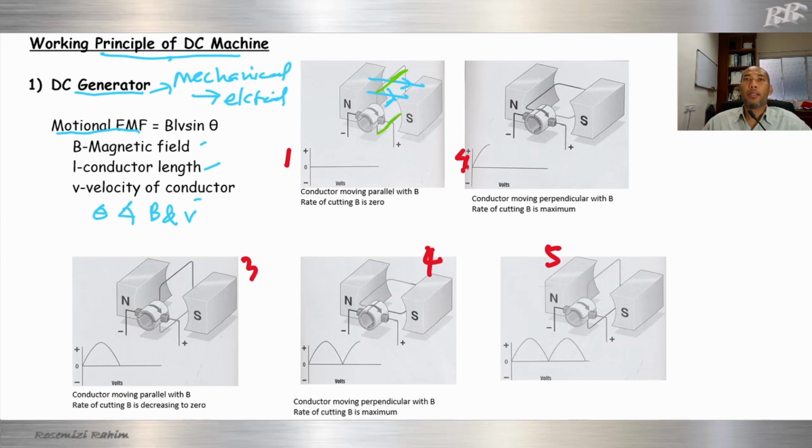First we need to move this conductor, so let's say we give an external mechanical force. Let's say we have a handle here. We use it to rotate this handle. When you rotate the handle, this conductor will rotate, or move.